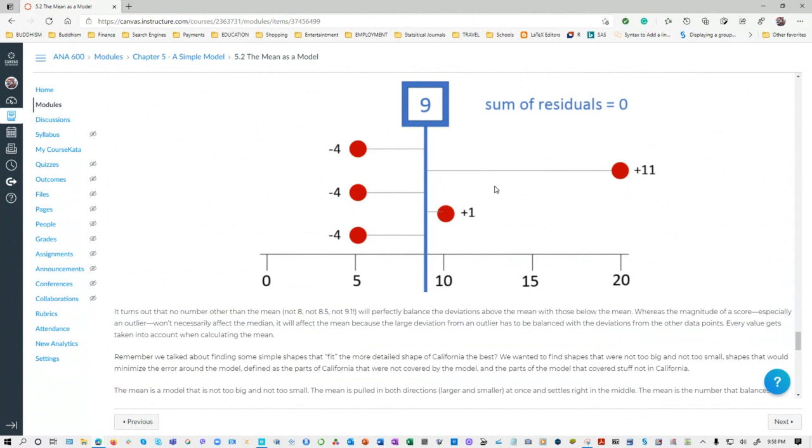Number wise, there are 2 deviations above, but 3 deviations below. But value wise, above and below, they get cancelled off. So the mean balances deviations. Median balances the data values.